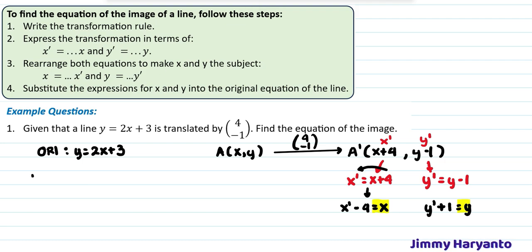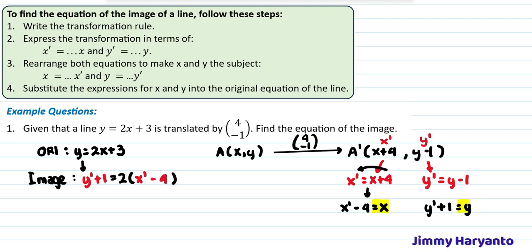So the image will be: y will be replaced by y prime plus 1, and then equal to open brackets the x will be x prime minus 4, and then plus 3, and then you only have to simplify.